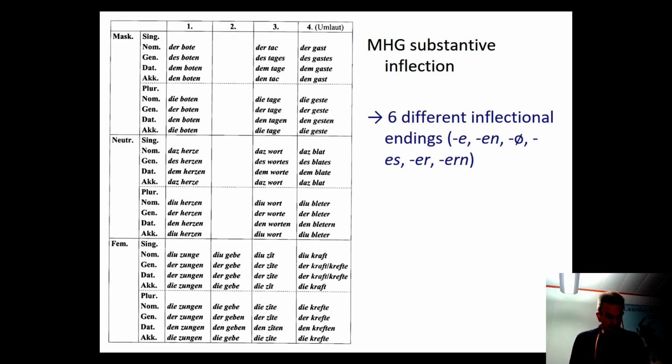German comes to have fewer and fewer means of expressing the grammatical category of case. The decisive trigger for this so-called Kasusnivellierung or case leveling is also the weakening of unstressed syllables in Middle High German.